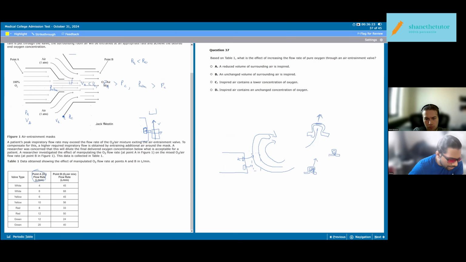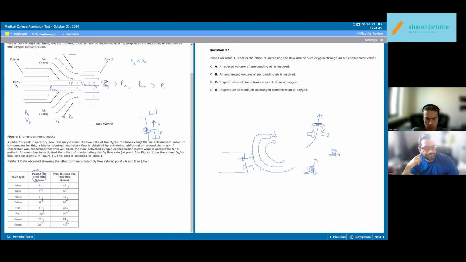Okay, let's see what we first noticed. We see that this going up increases that. This going up increases that. That going up increases that. That going up increases that.